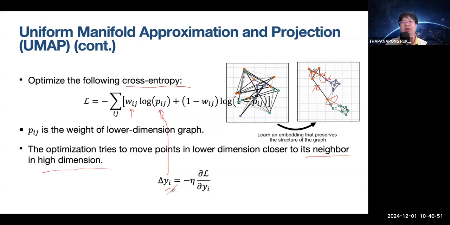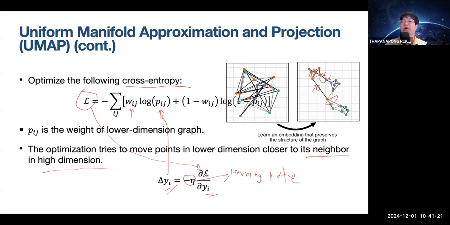Basically, you can do the gradient descent method. You take the derivative of this with respect to yi, and then you add the learning rate. The learning rate is basically a coefficient of how much you want to update your solution.